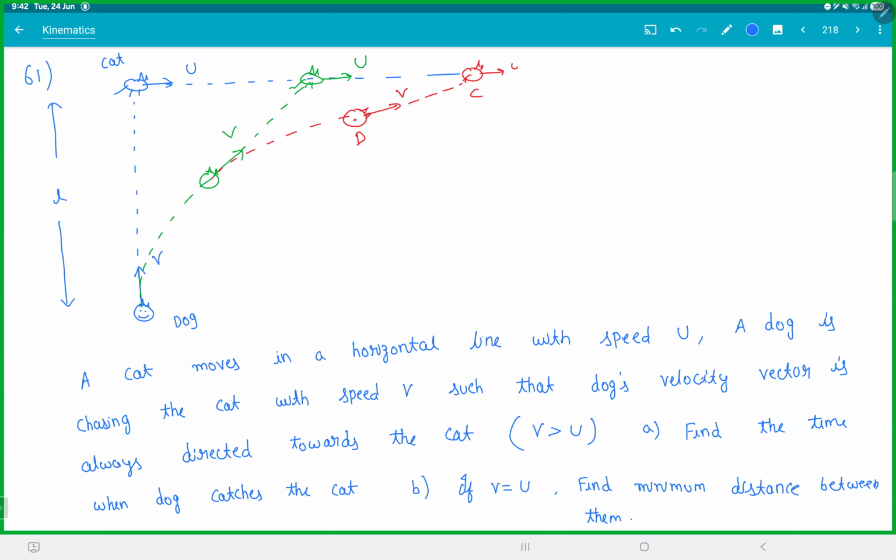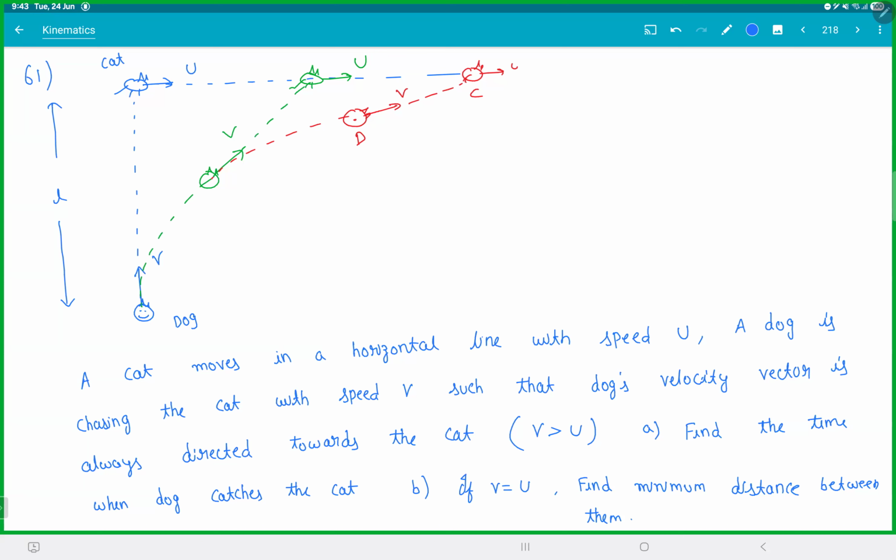So how do we start this? Vx root v square.